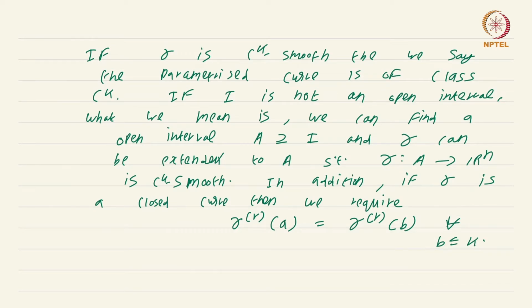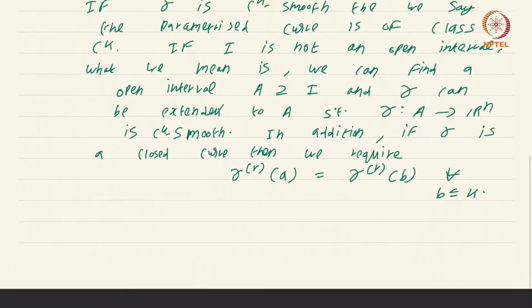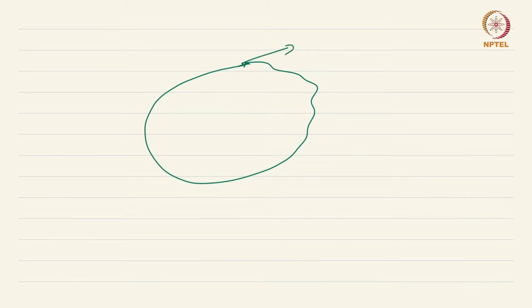So what this is saying is best illustrated by just a simple picture rather than me saying it in words. So suppose this is your curve. What we require when you have a C^k smooth closed curve is that at the ending points the tangent vector should be the same, even if you take the derivative at a or the derivative at b.